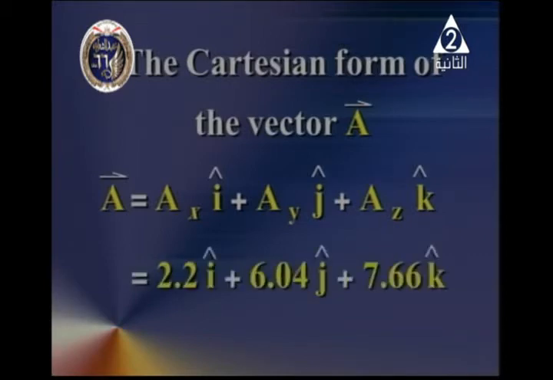By substitution, AX 2.2, AY 6.04, AZ 7.66 in direction k, the vector in Cartesian form becomes 2.2i plus 6.04j plus 7.66k.